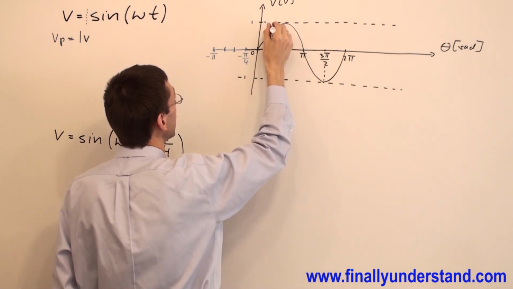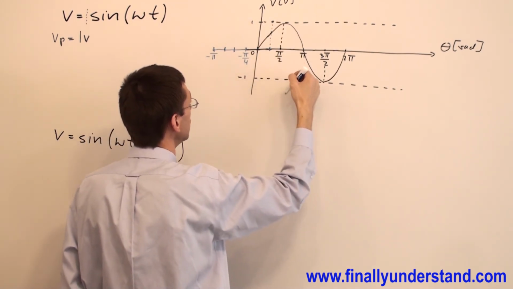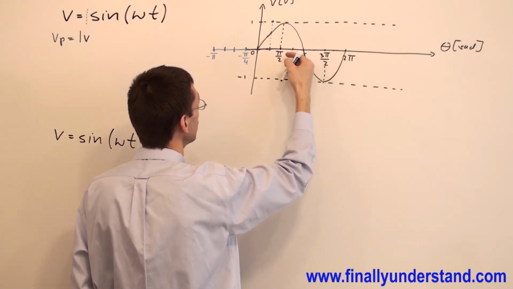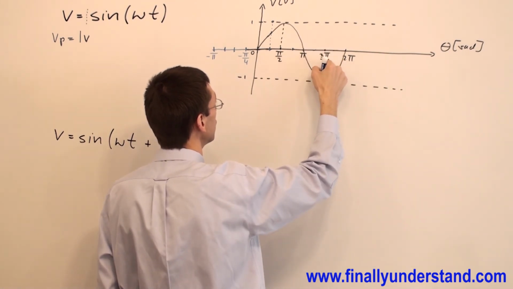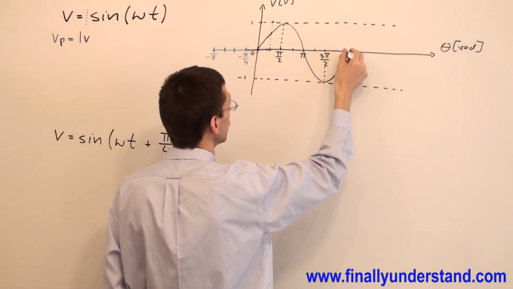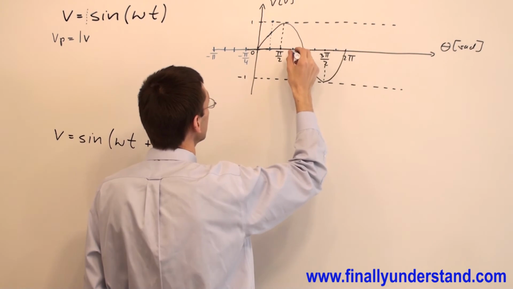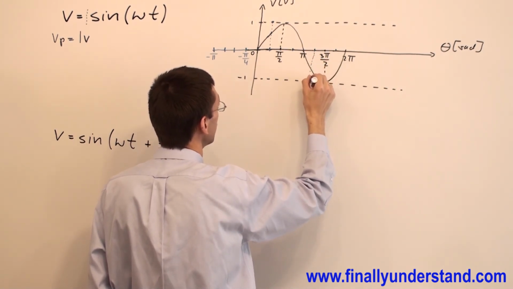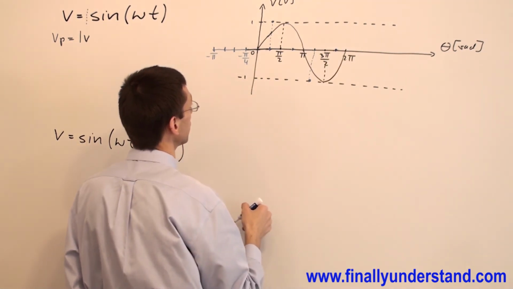So it means I have to move my positive peak by pi over 4 to the left. I'm going to move my pi by pi over 4 to the left, and I'm going to move my 3 pi over 2 by pi over 4 to the left, and I'm going to also move 2 pi by pi over 4 to the left. So this is going to be my negative peak at this point, and this is going to be my positive going 0 crossing.